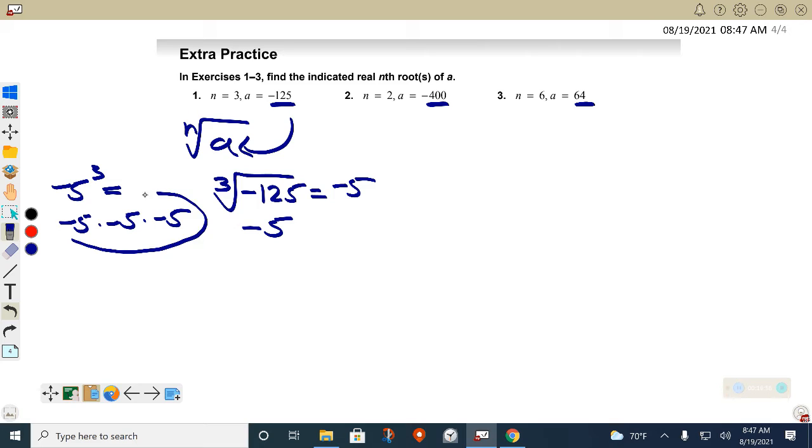If you multiply this out, it becomes negative 125. So this is really asking, when we take the cube root of negative 125, what number times itself to the third power becomes negative 125? Well, -5 is. -5 times -5 is positive 25, times -5 is negative 125. Let's go on to number 2.